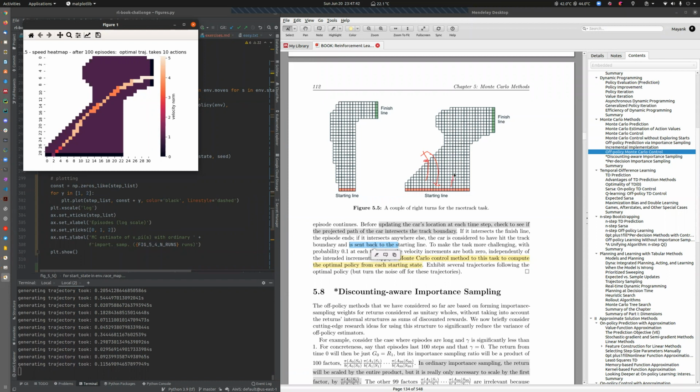Action, action, action. So you can understand, it goes here. These are the trajectories which are being generated. I think everybody understands it.